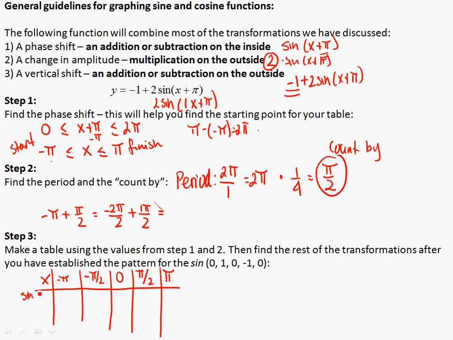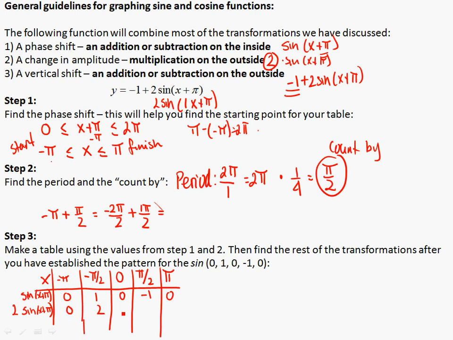Now that allows me to write what for the sine of x plus pi? The pattern, right? Start at 0, up to 1, down to 0, all the way down to negative 1, back up to 0. What does the 2 do? And 0 times 2 is still 0.